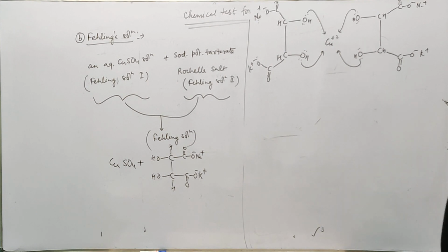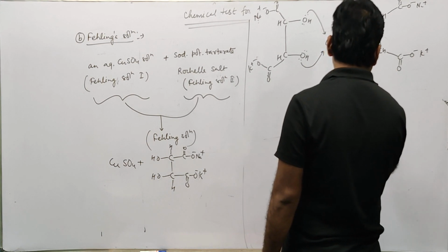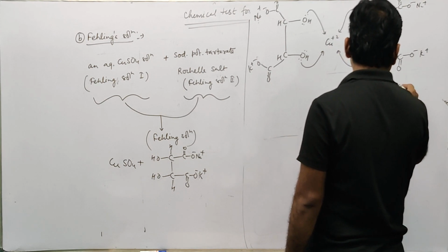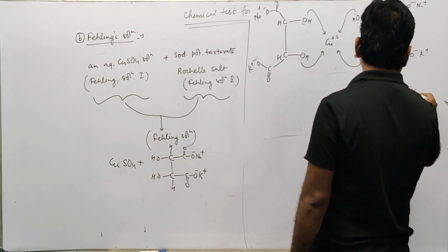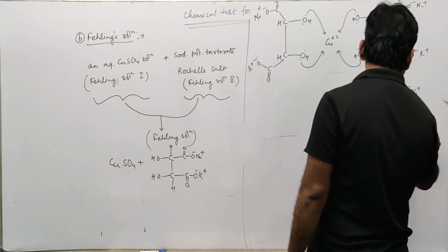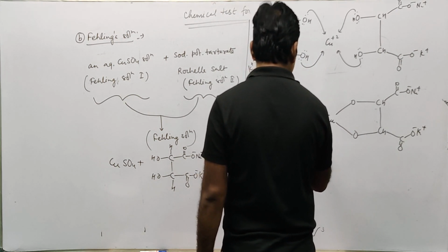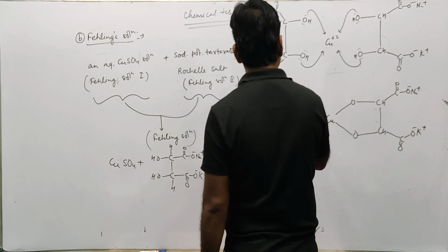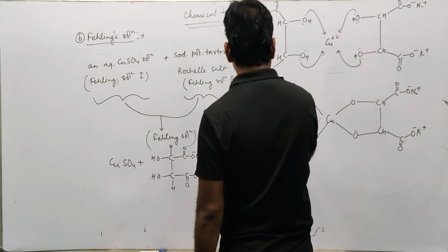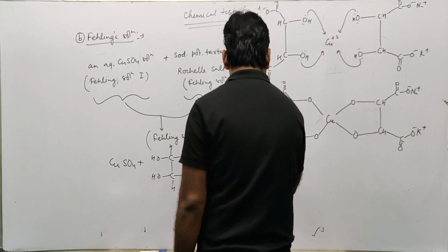The complex is formed like this, where Cu is attached to oxygen, CH, and C double bond O minus Na plus, C double bond O minus K plus, again oxygen, CH, C double bond O minus Na plus, C double bond O minus K plus.